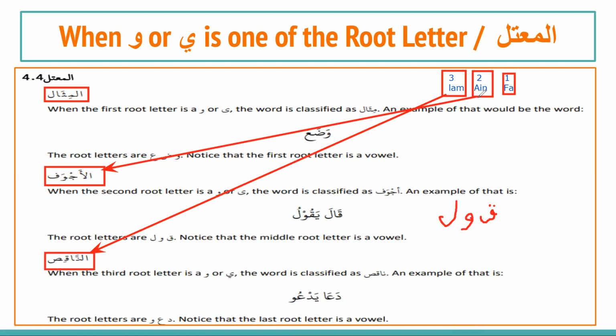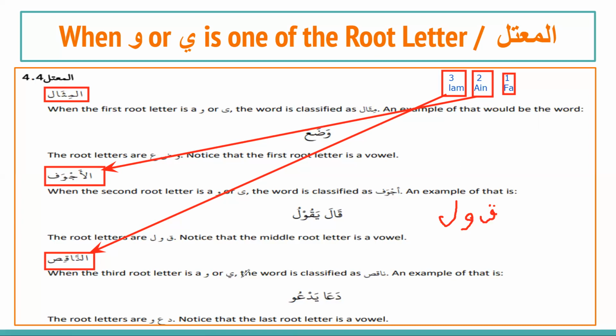So the middle letter, ain kalma, is a weak letter. That's why this is an example of fail mu'attal ajwaf. Qala yaqulu. Zada is also an example of ajwaf, and there are so many other words that are ajwaf.